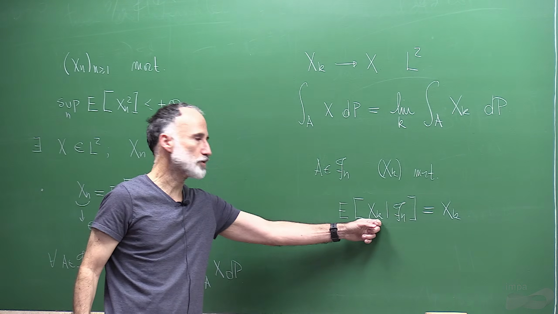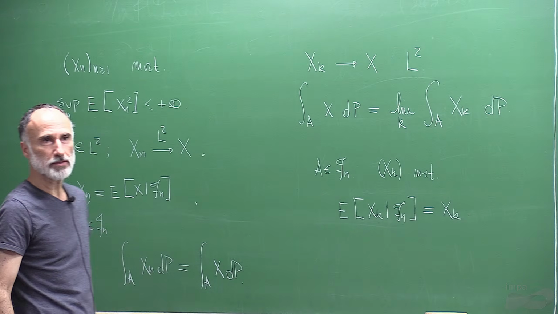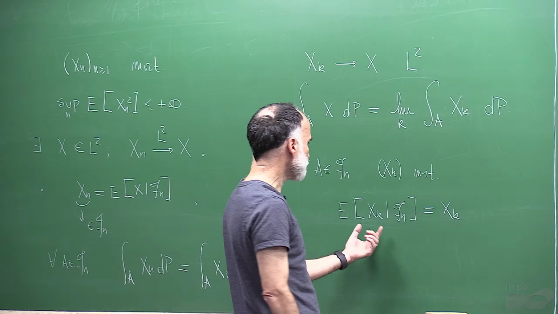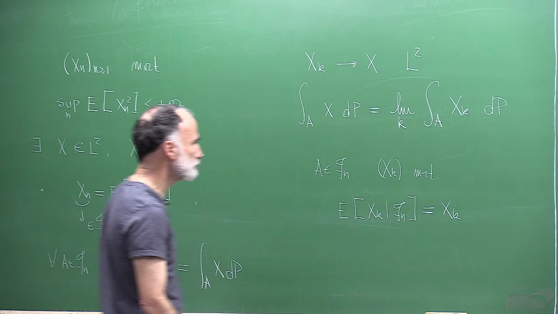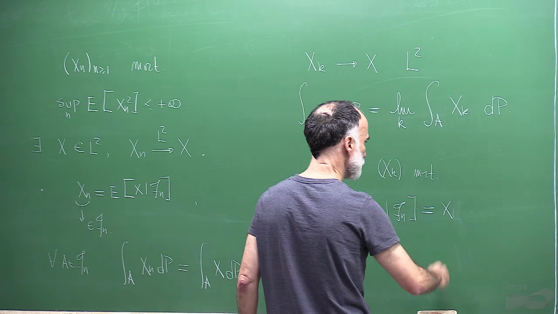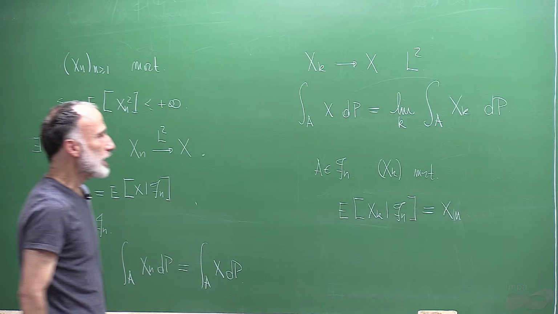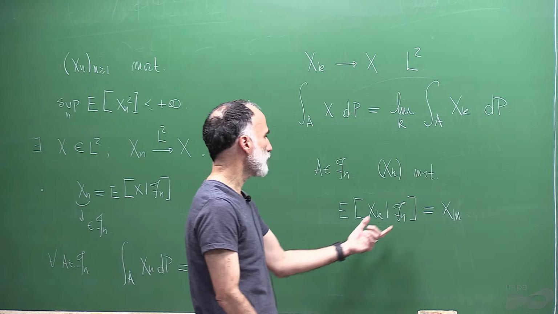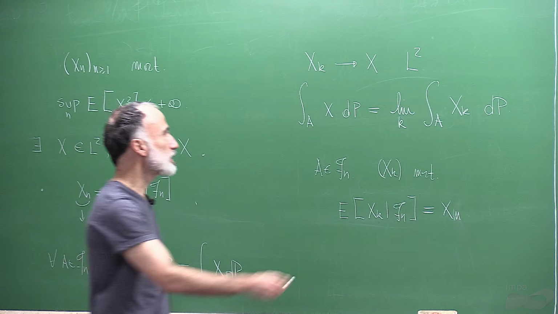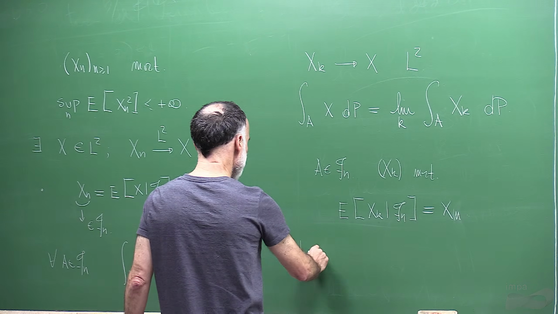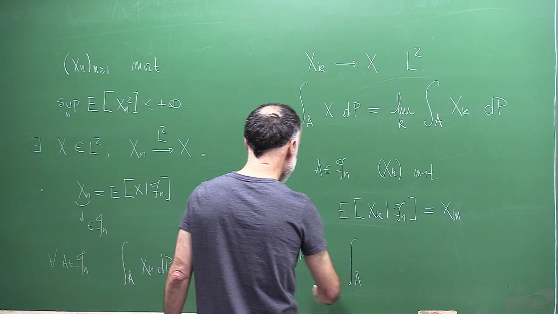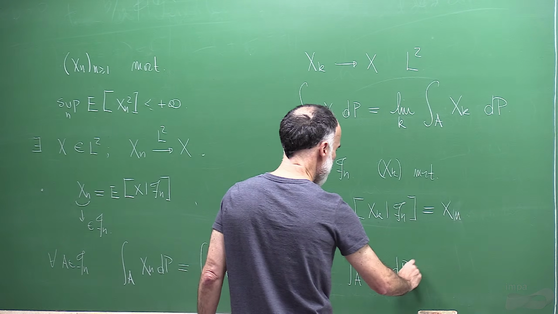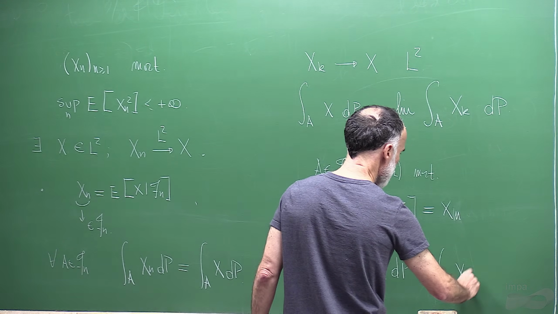You know that by definition for k equal to n plus 1, and then you iterate that to get it for any k larger than n. And since this is true, this means that xk and xn integrated on the set A in Fn give the same value. So if k is larger than n and A belongs to Fn, the integral of xn dP is equal to the integral of xk dP.